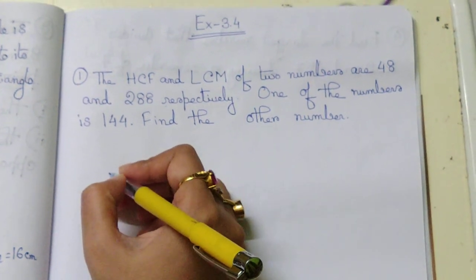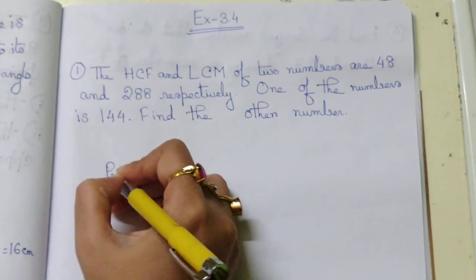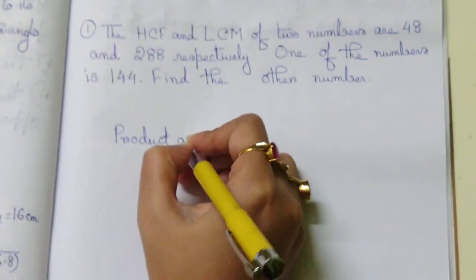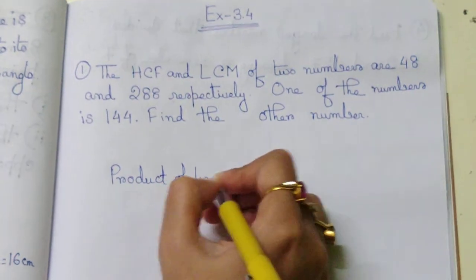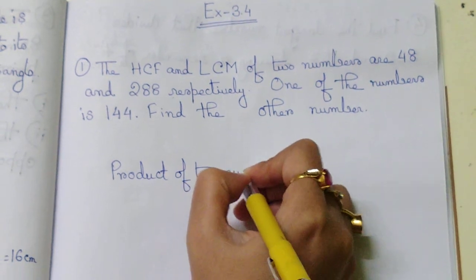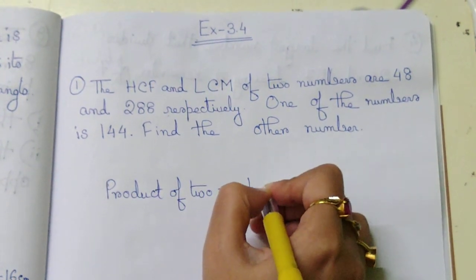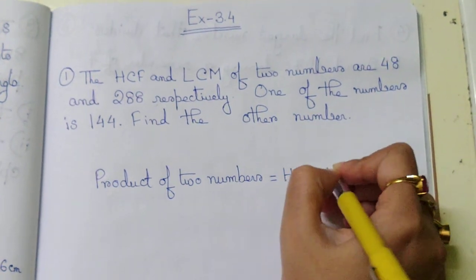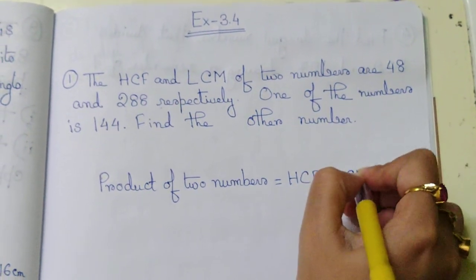So the relationship is: product of two numbers equals HCF into LCM.